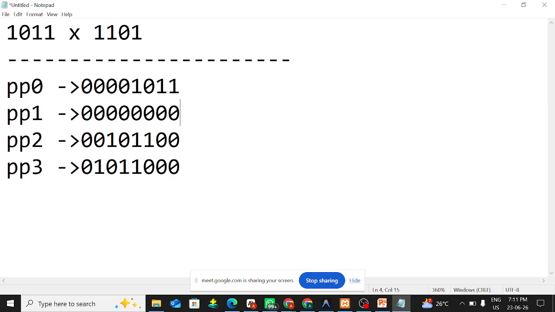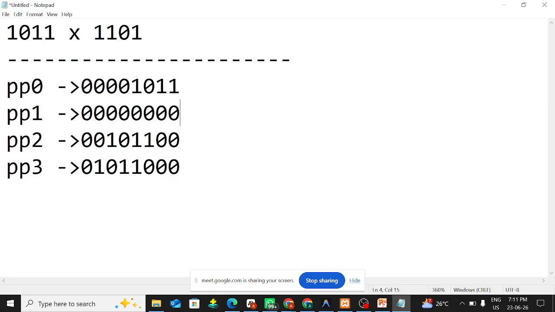Now the final task: you only have sum 2 and carry 2. If you add them using a carry look ahead adder, why? Because carry look ahead adder is a fast adder, right? You can use a carry look ahead adder or a carry select adder, then you will get the final result.